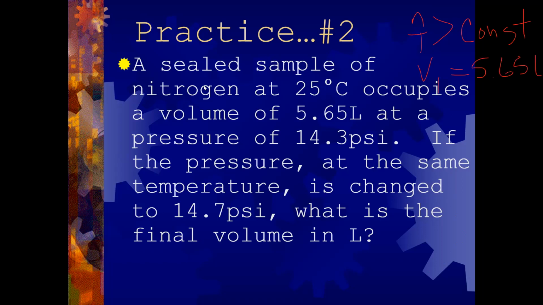And we know that the pressure one is equal to 14.3 psi. And then we know that the pressure is changed. So we know P2 is going to be 14.7 psi. What is the new volume, right?